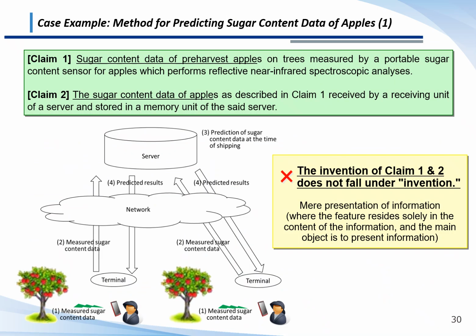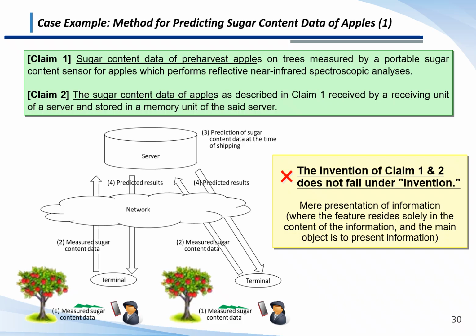As a case example related to the eligibility for patent, we will introduce an example concerning sugar content data of apples and a method for predicting sugar content data of apples. The invention of Claim 1 is sugar content data of pre-harvest apples on trees measured by a portable sugar content sensor for apples which performs reflective near-infrared spectroscopic analyses.